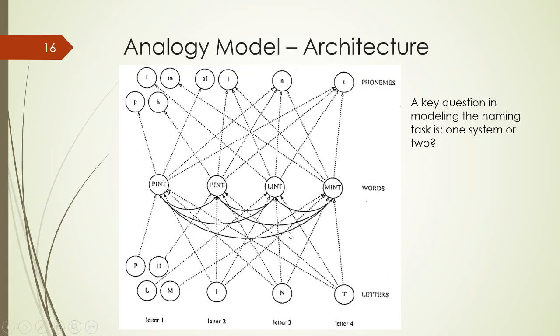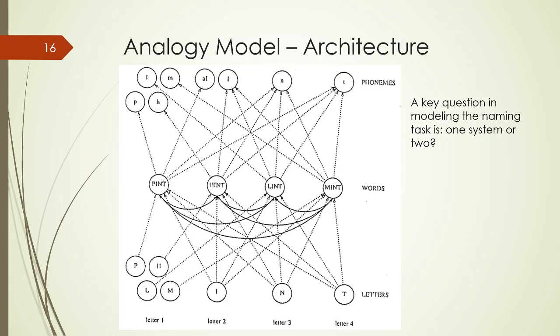Now, what you'll notice in the analogy model is we don't have any sort of direct connections from letters to phonemes. What do we have? All of the pronunciation responses are mediated through the word layer. And this is a very important element of what makes the analogy model the analogy model.